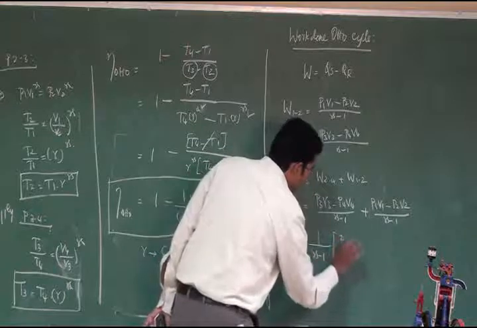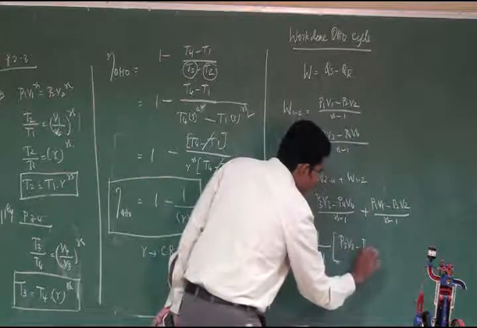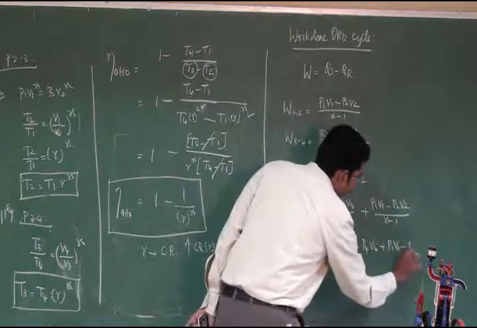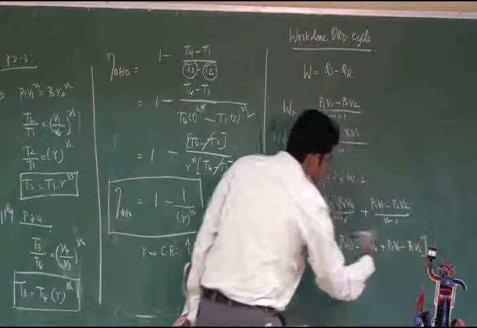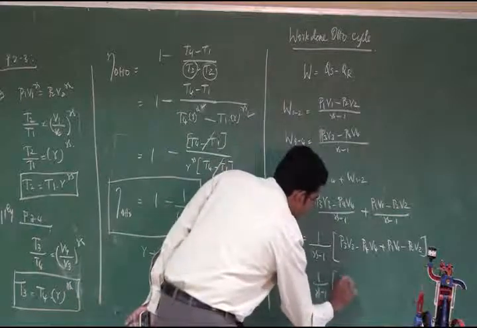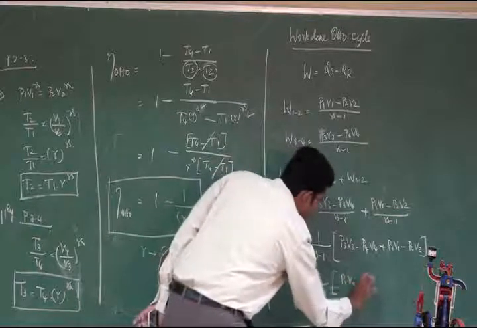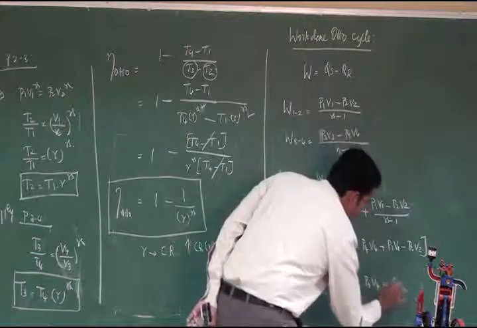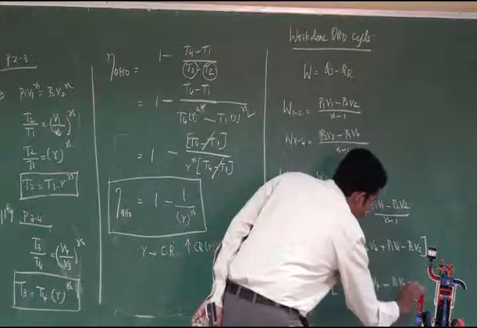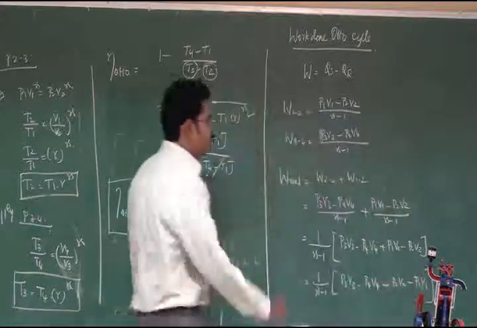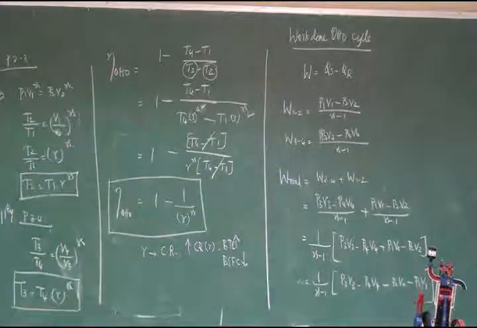We can write P3 V3 minus P4 V4 plus P1 V1 minus P2 V2. This can be remodified as 1 by gamma minus 1: keep P3 V3 as it is, keep P4 V4 as it is, I am changing the sign, minus P2 V2 minus P1 V1. So minus into minus is plus, and both terms will be the same.